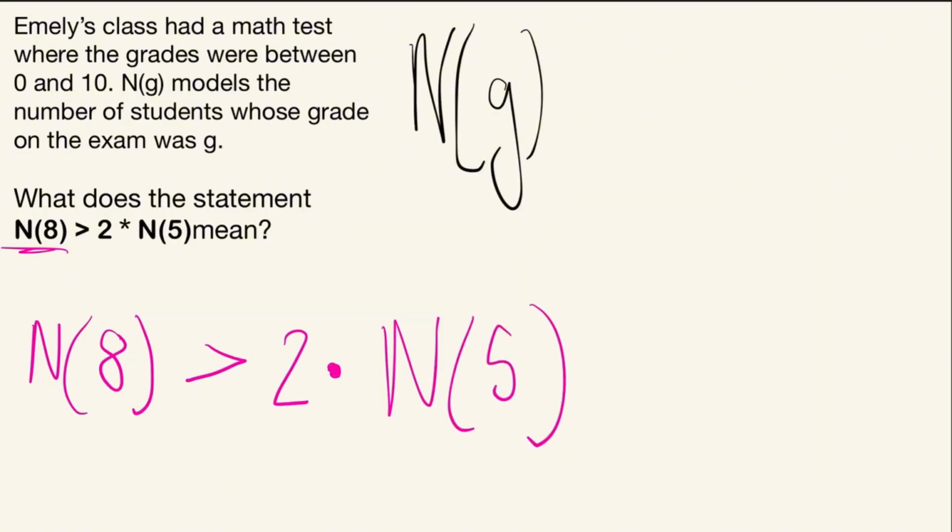So looking at this, as I said it, you find out what the statement actually means, because it tells us that N(G) models the number of students whose grade on the exam was G, and G stands for what they got. So these number of students got 8 on their quiz, and these number of students got 5 on their quiz. So the statement means that the number of kids who scored 8 on the quiz is more than twice the number of students whose grades were 5 on the quiz.